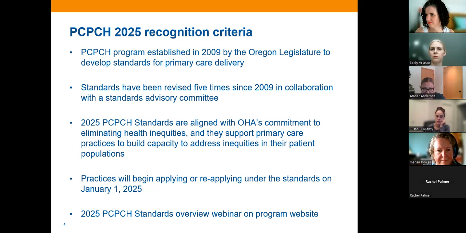The 2025 PCPCH standards were developed to support OHA's strategic goal of eliminating health inequities by 2030. The standards specifically help primary care practices build their capacity and processes to address inequities in their patient population.